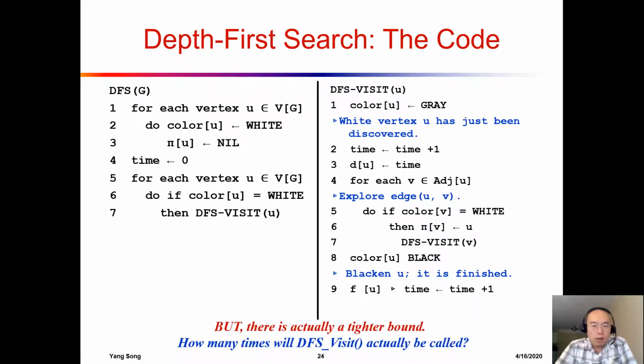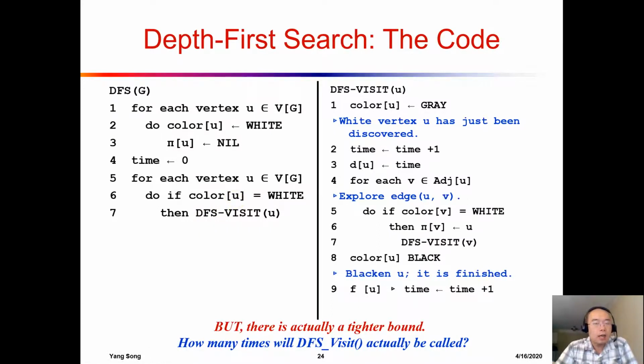To figure out the tightest bound, what we can do is try to figure out how many times we are going to visit each of the edges and each of the DFS visits. So for the DFS visit, we are only going to call that on each of the white nodes, right?